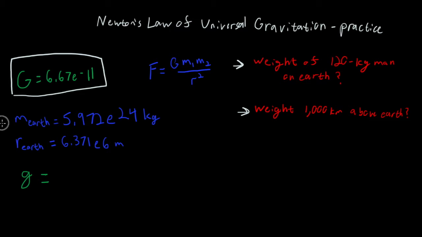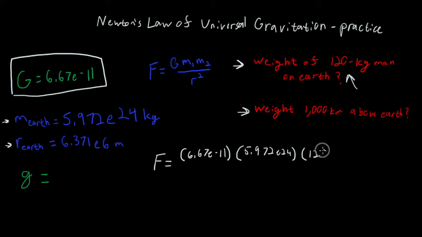I've got the mass of the Earth and the radius of the Earth right here. So I'm going to plug those values into my equation. So I've got F, that's the force, that's the weight that I'm looking for. I've got G is 6.67 e negative 11, times M1, which is going to be the mass of the Earth, 5.972 e24 kilograms, and then times the second mass, and that's going to be the mass of our person, the 120 kilograms.